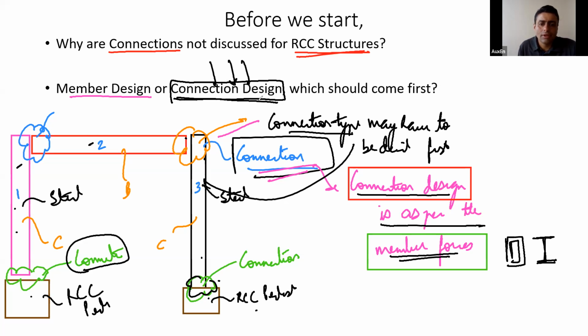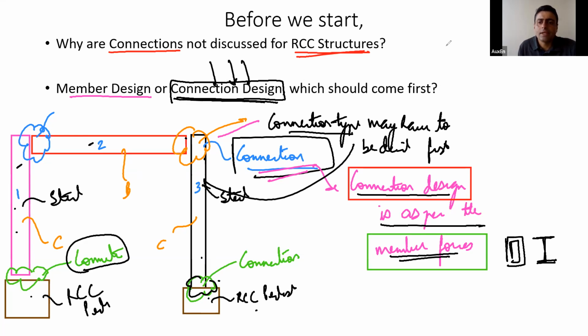Because if in lecture one, suddenly the professor starts by discussing bolts and welds and rigid connection, pin connection, you don't understand. So in the textbook syllabus, it becomes quite confusing when connection design is taught before the member design.